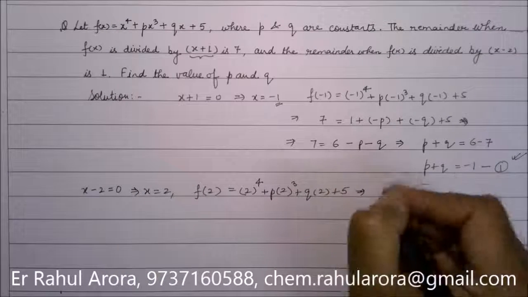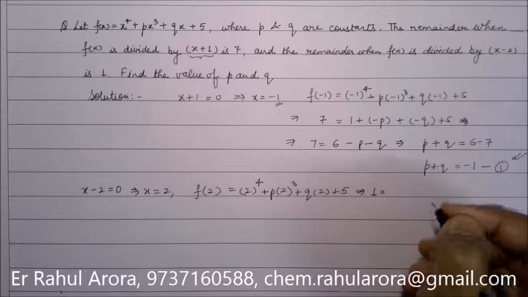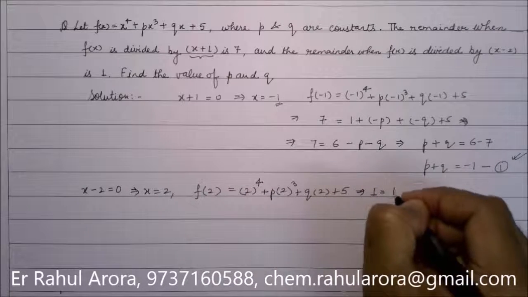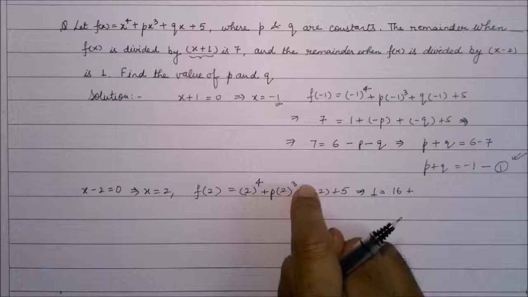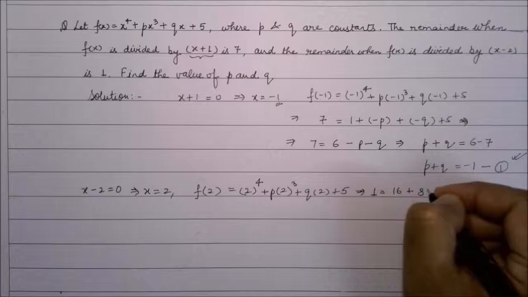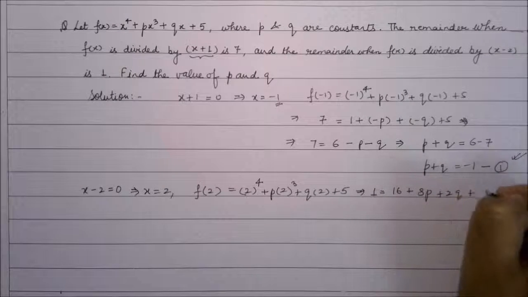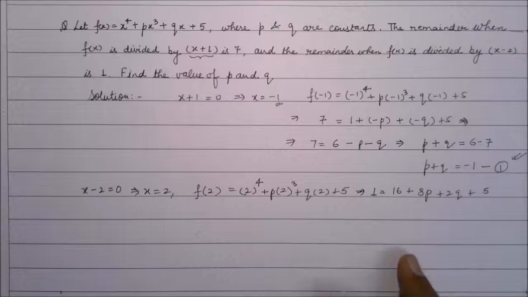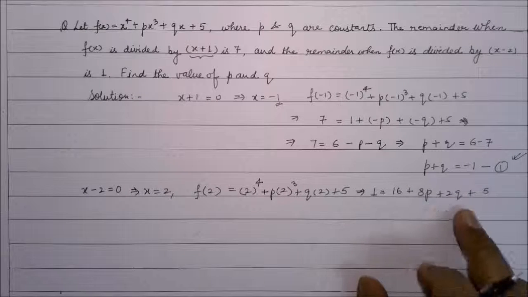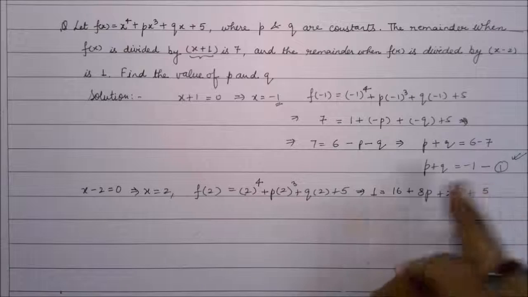So here it is, 2 to the power 4 is 16, 2 cube is 8, so 8p, 2q plus 5.